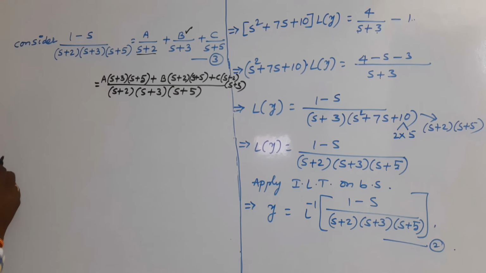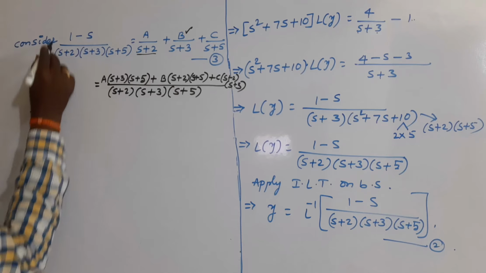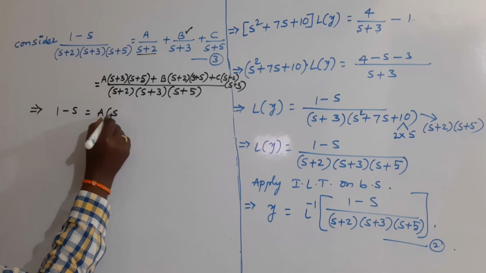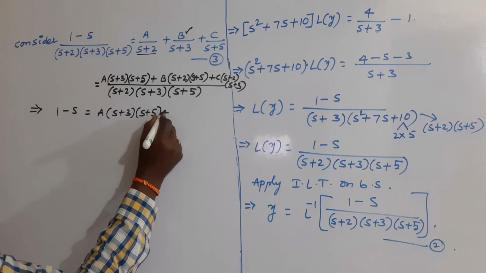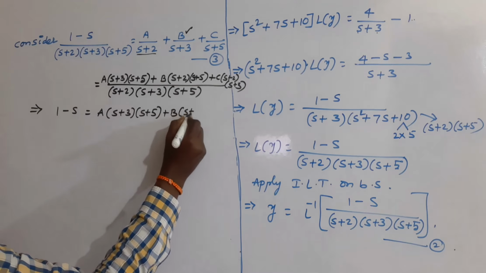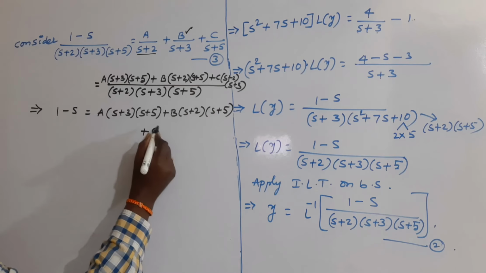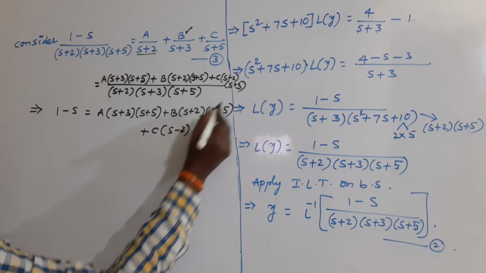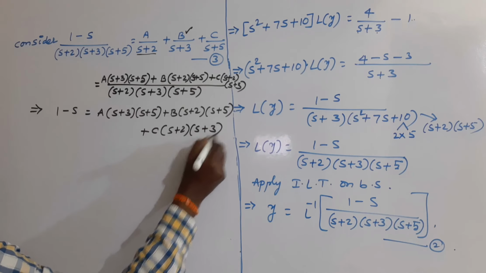Now equate the numerators, because on both sides the denominators are the same. So 1 minus s is equal to A into s plus 3 into s plus 5, plus B into s plus 2 into s plus 5, plus C into s plus 2 into s plus 3.